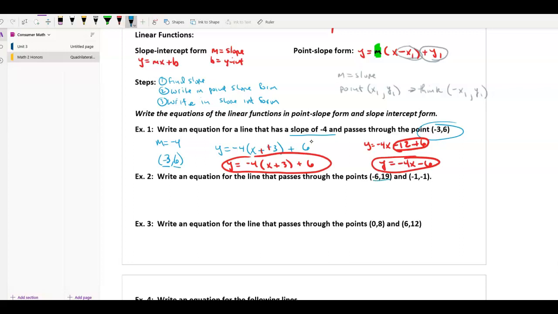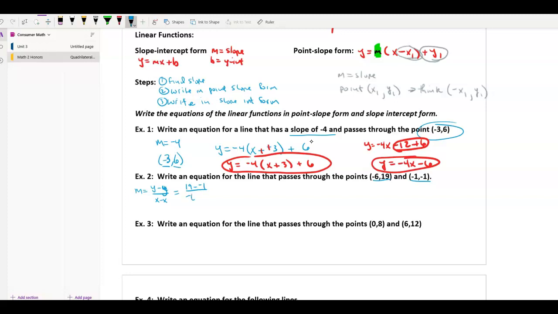We take a look at it. We're given these 2 points. So my first step here, right, is to find the slope. And remember, we basically subtract the y's over subtract the x's. So if I do y, so it would be 19 minus -1 over, if I start with 19 with the x or y's, I must start with the same ordered pair for my x's.